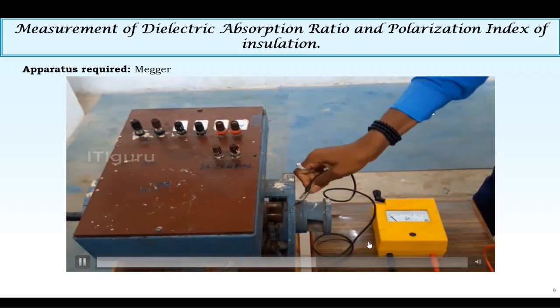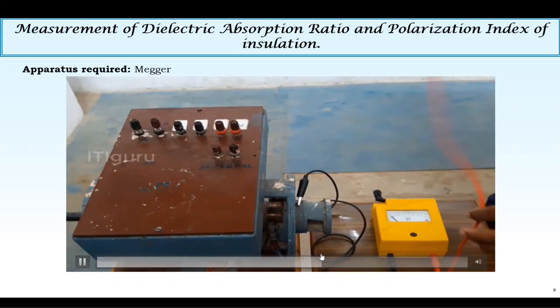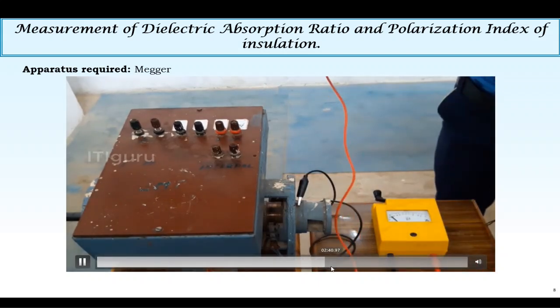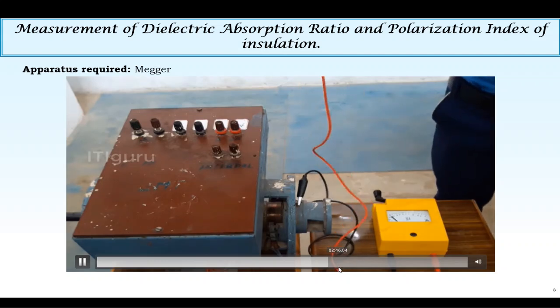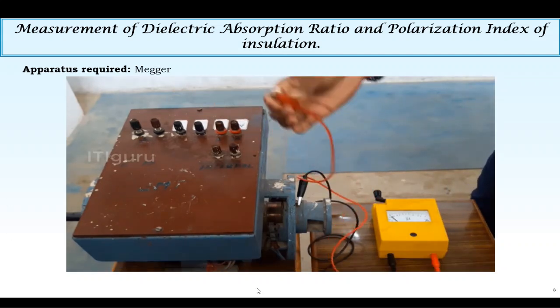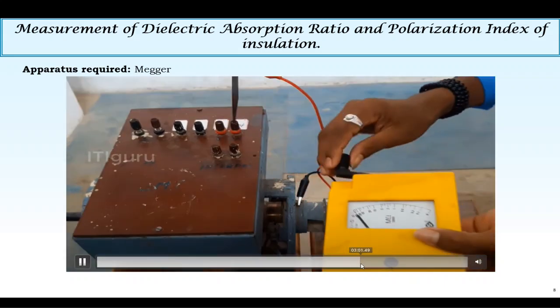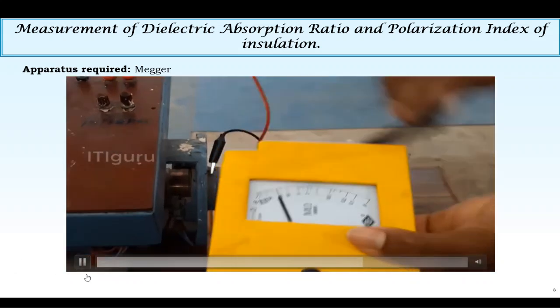The neutral, that is the black wire, is connected to the body of the machine and the phase wire is connected to any one terminal. Like this. Now rotate the handle.